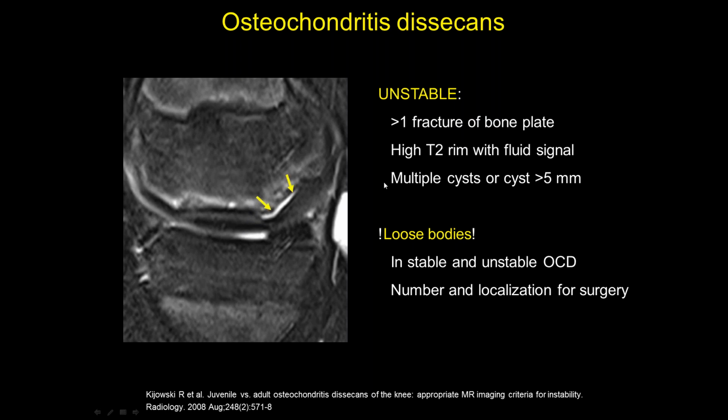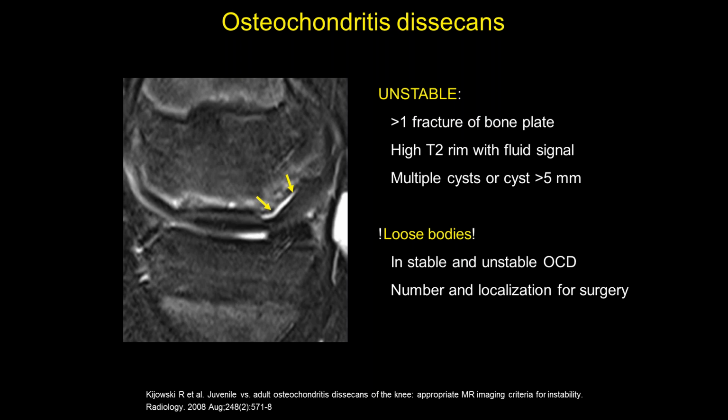But then also there is this high T2 rim, which is filled with fluid signal. So this really is joint fluid, seen as a rim surrounding the lesion. Or when there are multiple small cysts surrounding the lesion, or one large cyst that is larger than 5 millimeters, then these are signs, or MRI features, of instability of an osteochondritis dissecans.